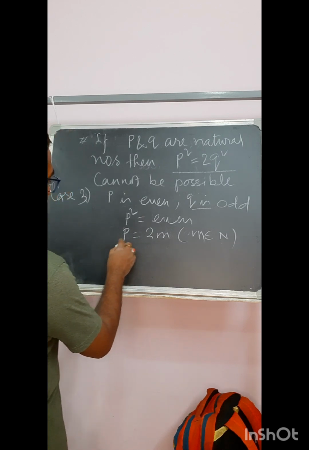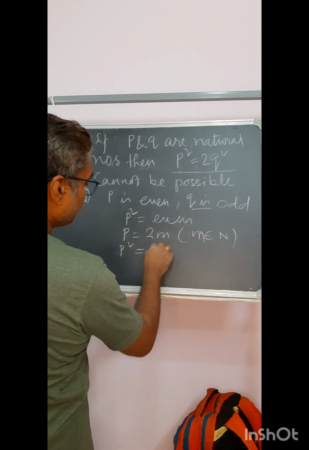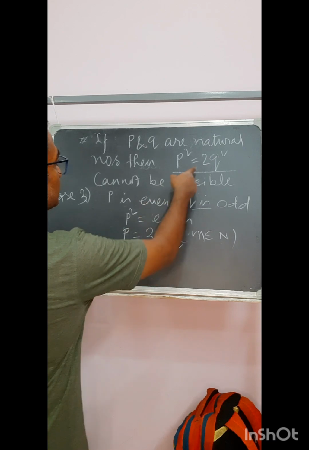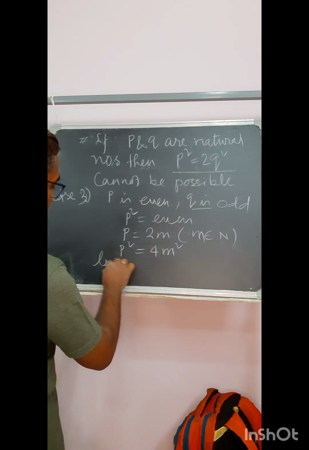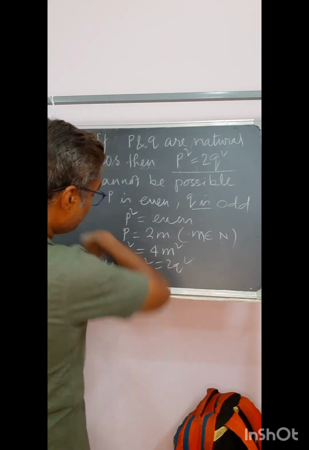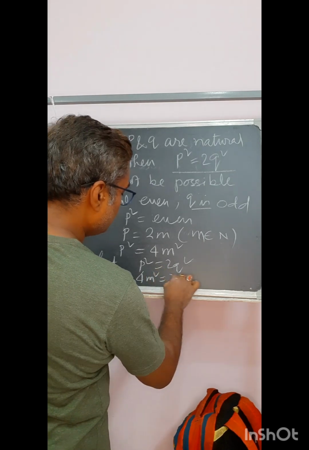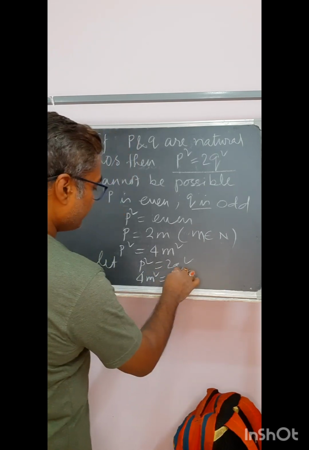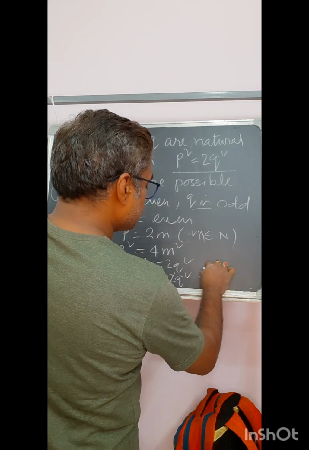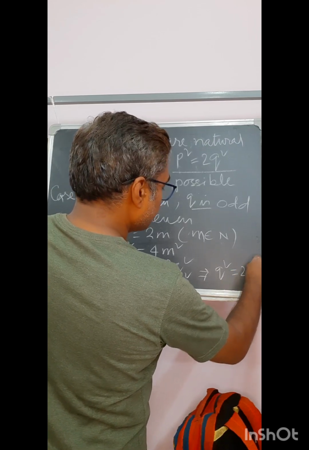Now if I put the value in the equation, P square becomes 4m square. Now P square is equal to 2Q square, so putting the value of P, this becomes 4m square equal to 2Q square. If I cancel it out, this will give 2m square equal to Q square.